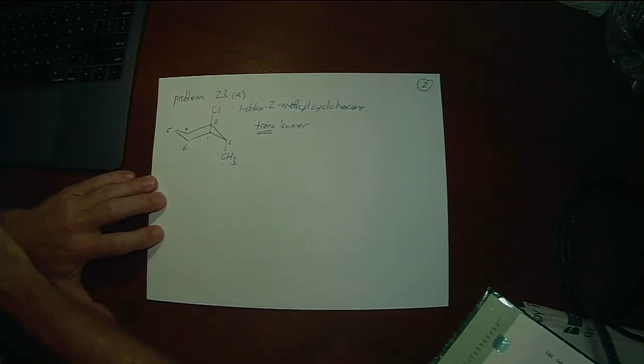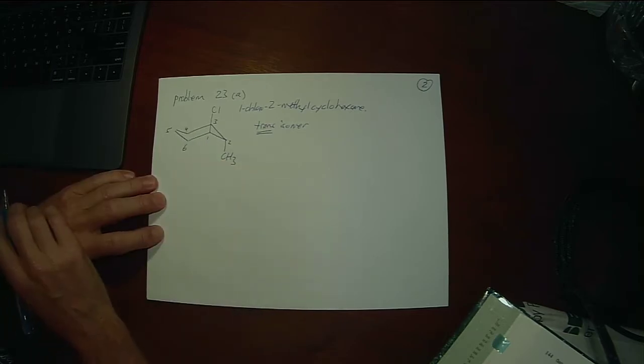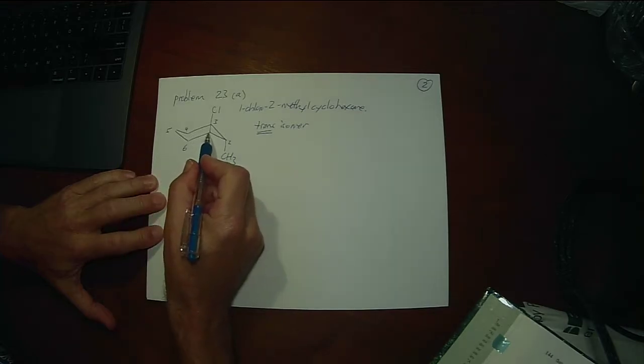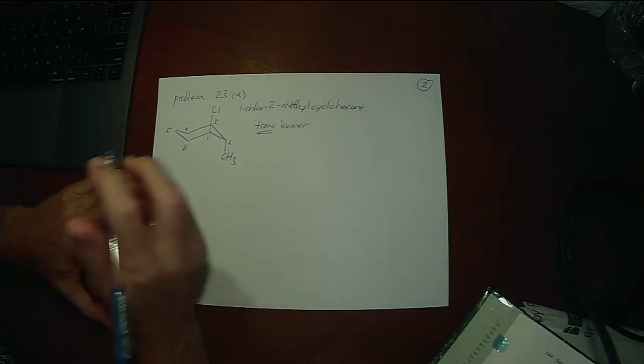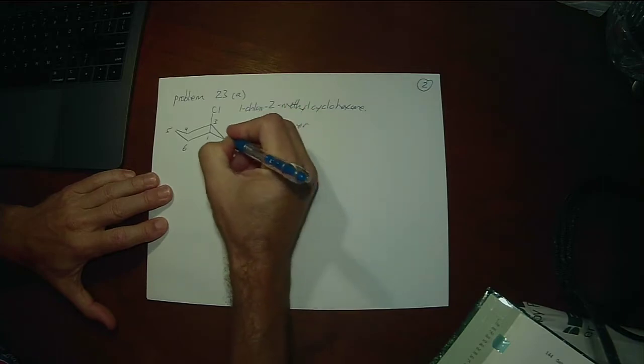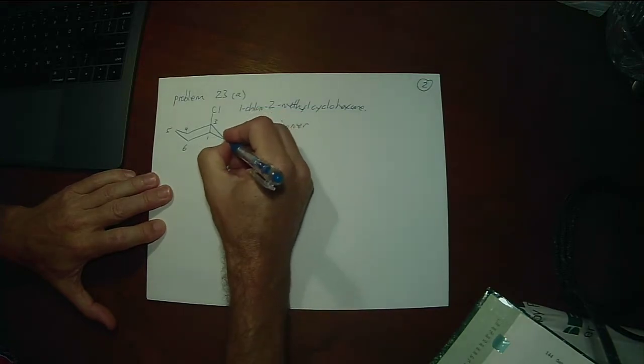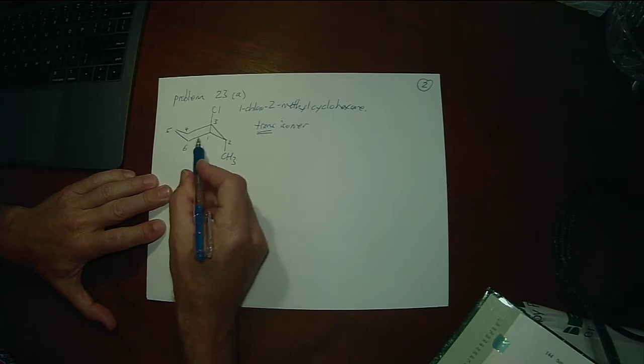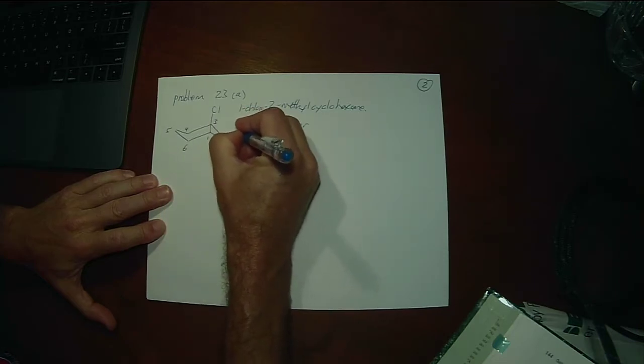The first thing I recommend doing when you're flipping the chair and drawing a different conformation is, for any of the atoms in the ring that actually have substituents on them, draw in the equatorial substituent. So we want the equatorial substituent here on carbon 2, parallel to the carbon 1, carbon 6 bond.